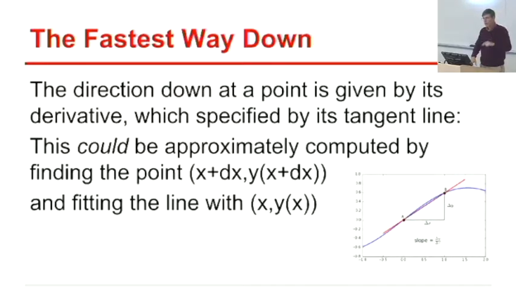So why would we compute the error function for neighboring points and choose the least error function value? One possibility is that you're trying to say that one way we could pick a direction down is to sample a bunch of points around me, figure out which one has the steepest slope down, and then go in that direction.